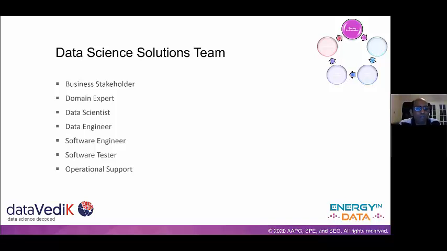And then the remaining people that you see in that solutions team, which is, let's say, a data scientist, a data engineer, or a data management person, software developers, software testers, these guys are all involved in building the solution based on the information that they gain from the business stakeholder and the domain expert.